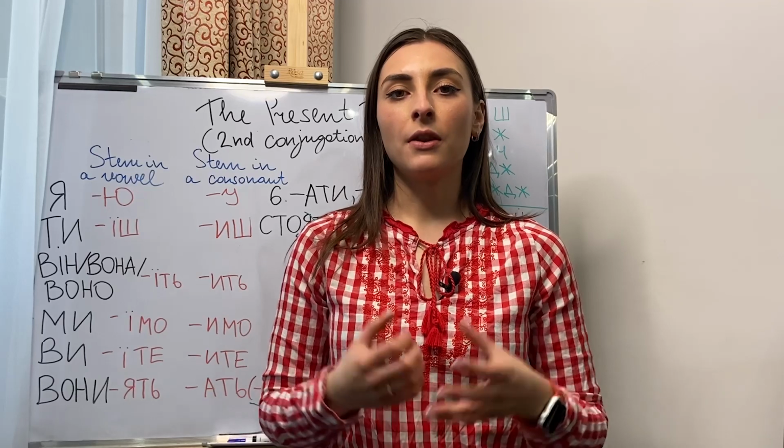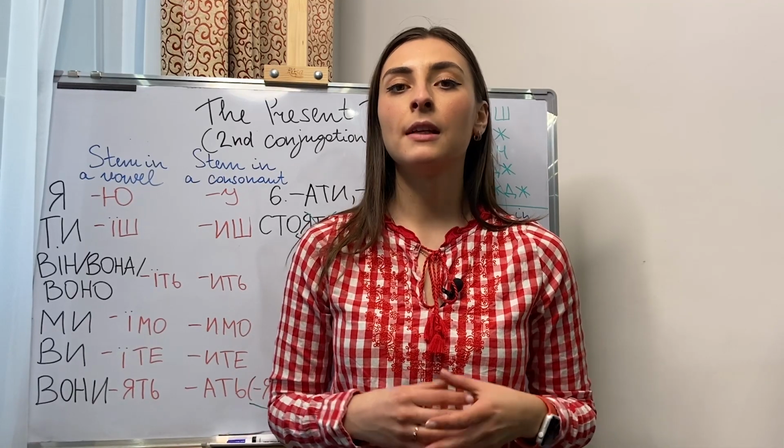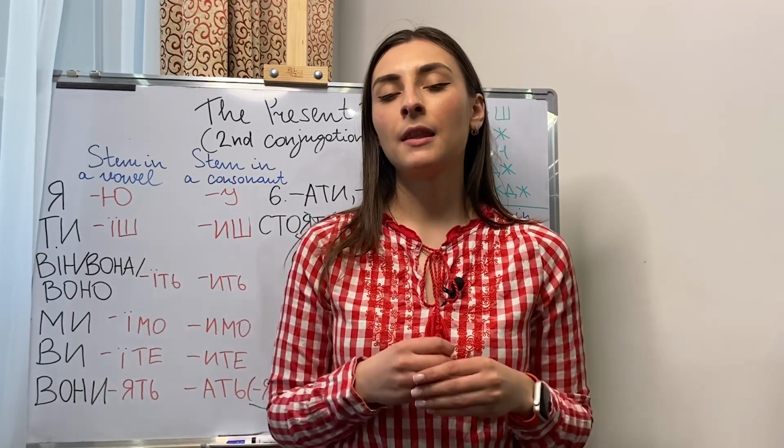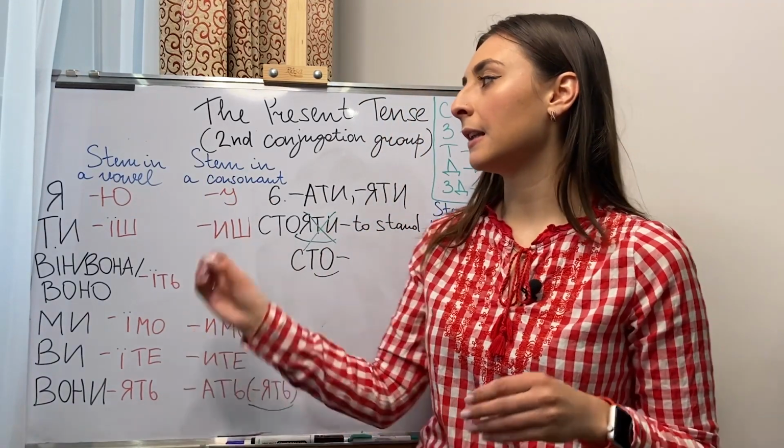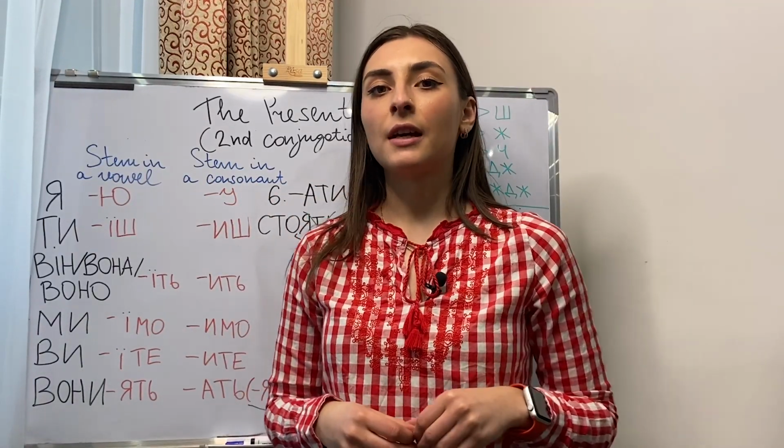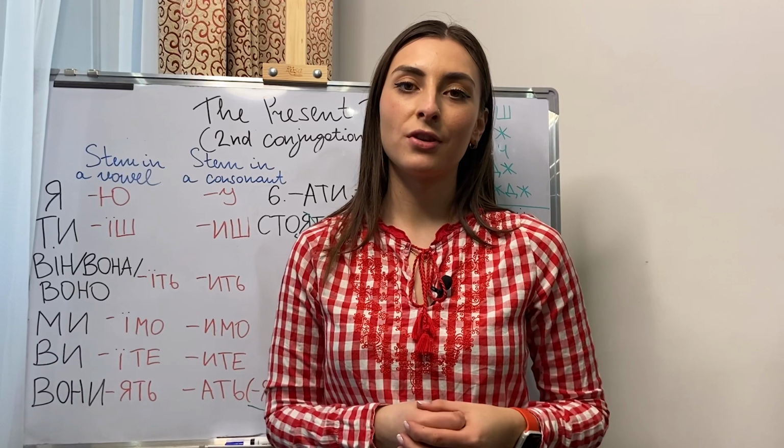When you conjugate the verb, you have to omit the infinitive ending ти and then add the appropriate ending according to the group of the conjugation.